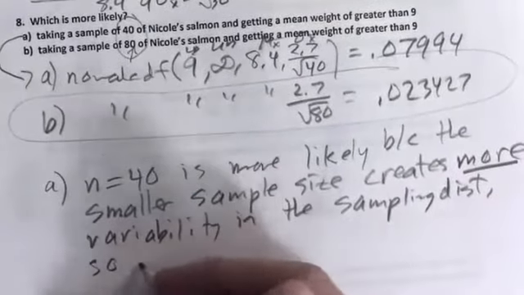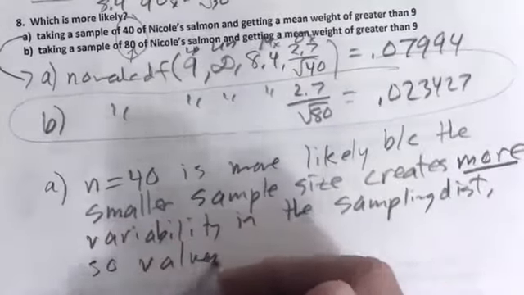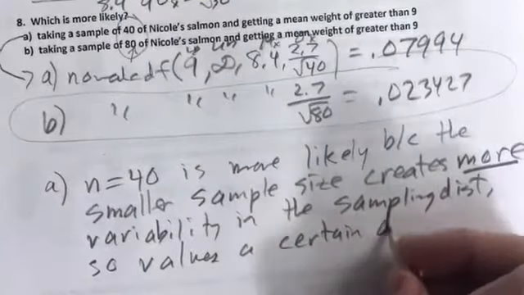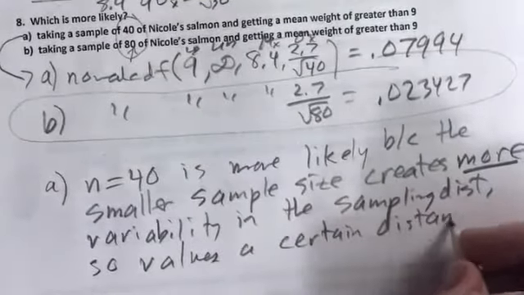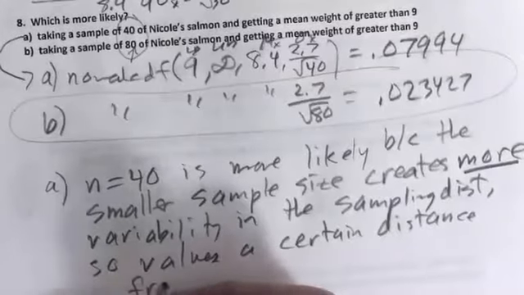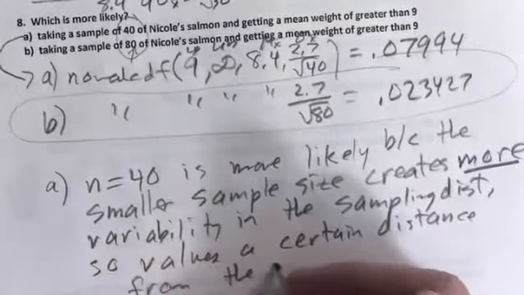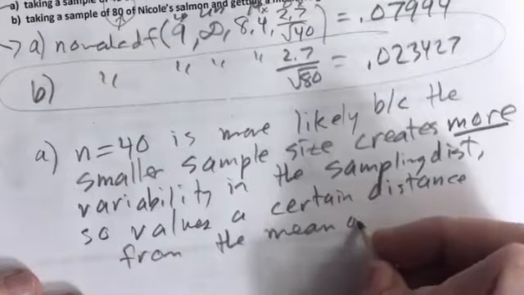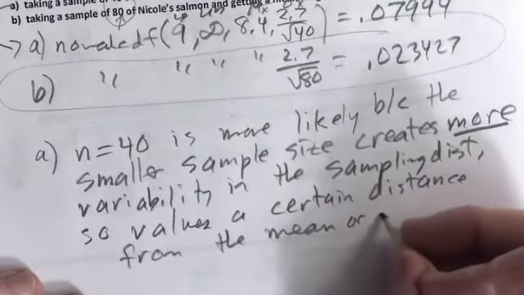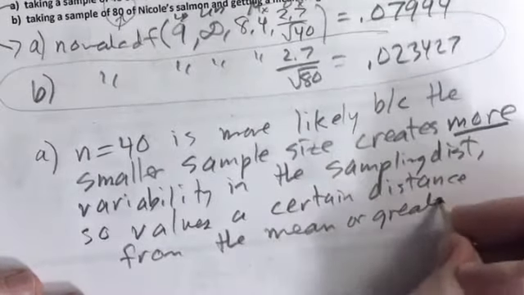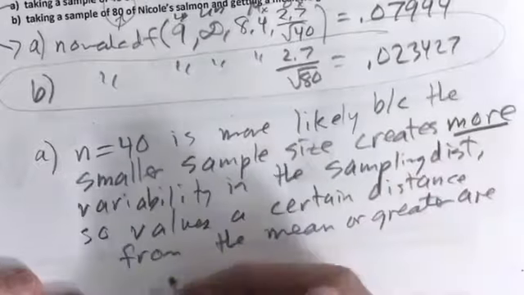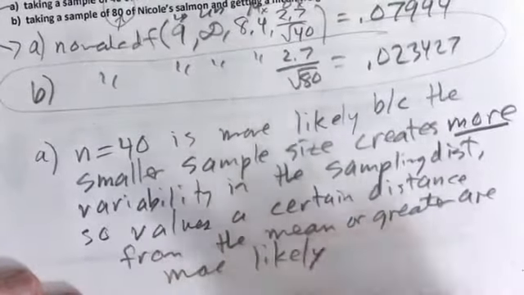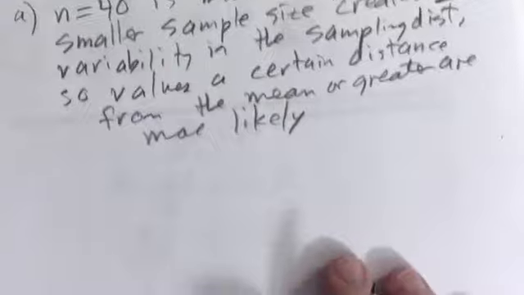So values a certain distance from the mean or greater are more likely. And we always do activities in class that sort of demonstrate this.